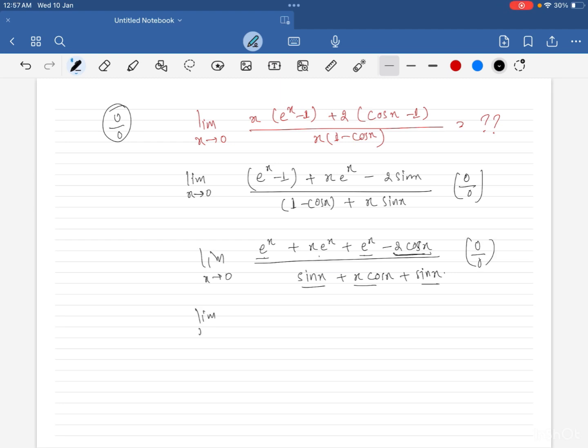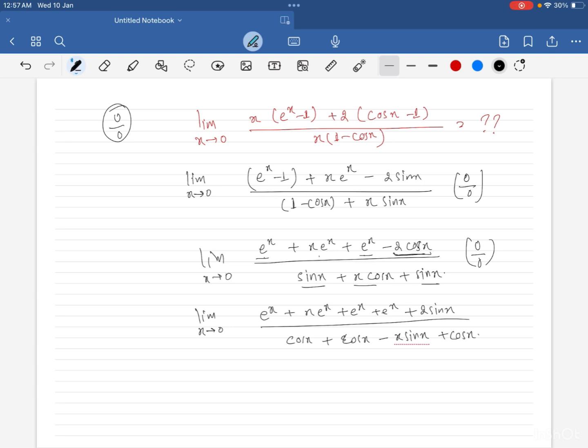Again we can differentiate, that is e to the power x plus x e to the power x plus e to the power x plus e to the power x, so that is going to be 2 sin x divided by cos x plus cos x minus x sin x plus cos x.